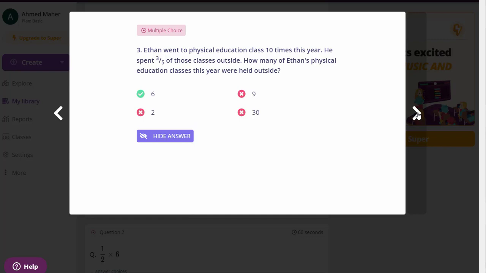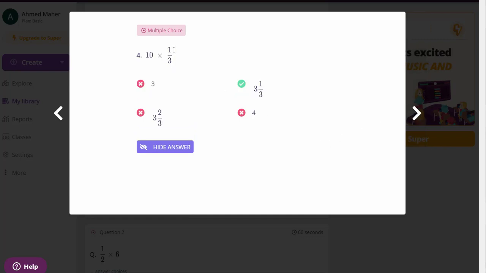In the next one, 10 times 1 equals 10, and 10 divided by 3 equals 3, the remainder is 1.